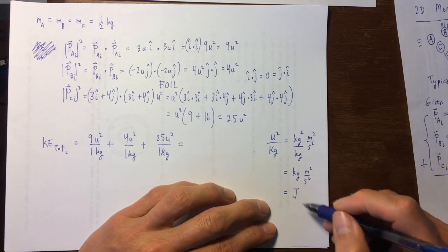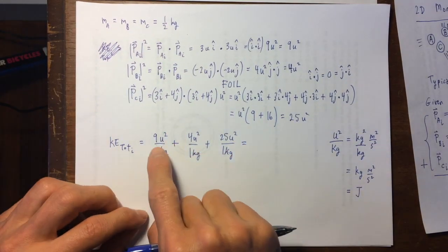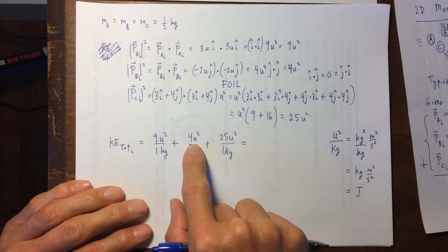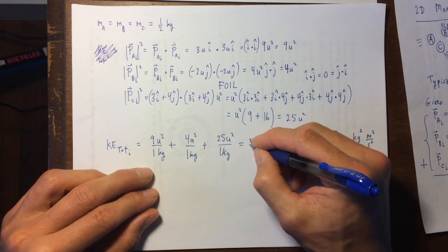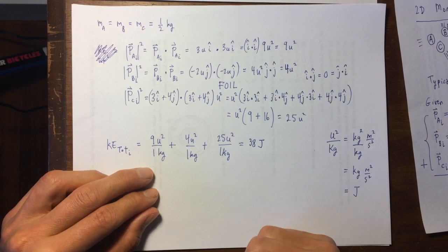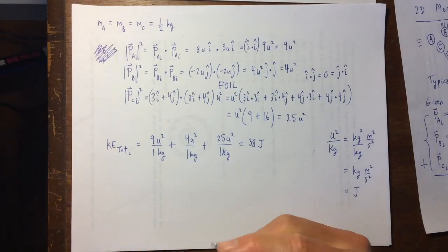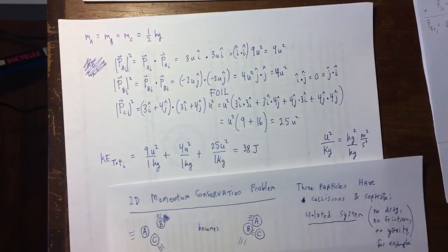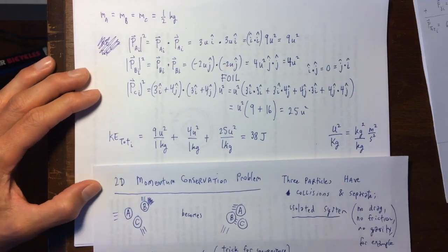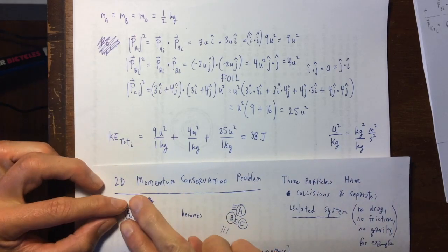So u squared over the kilogram is the joule. So it'll be 9 plus 4 is 13, plus 25 is 38 joules. So that's the initial kinetic energy, the kinetic energy that came into our problem. So there is 38 joules of kinetic energy coming in.